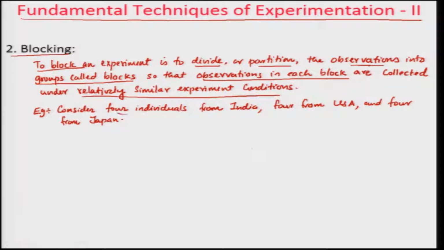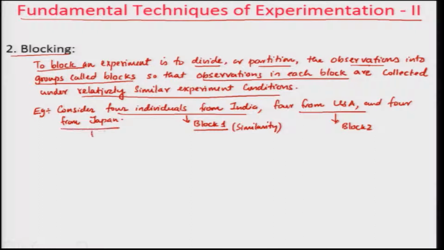The 4 individuals from India are block 1, and they have similar conditions. The USA is block 2, with the same conditions, and Japan is block 3. The results from the US are comparable within themselves, the same way the results from Japan are comparable within themselves, and the results from India will be comparable within themselves. So blocking allows relatively similar experiment conditions to be created.